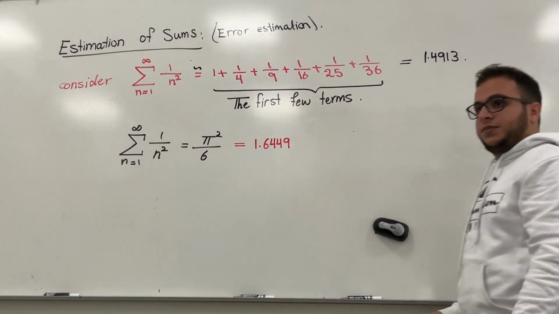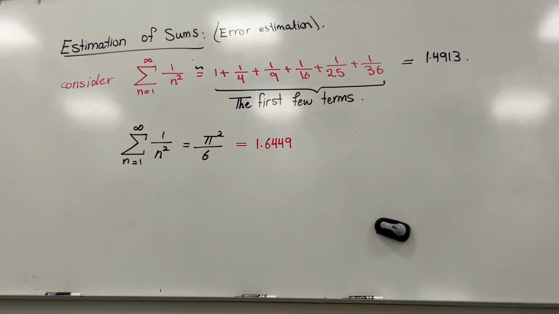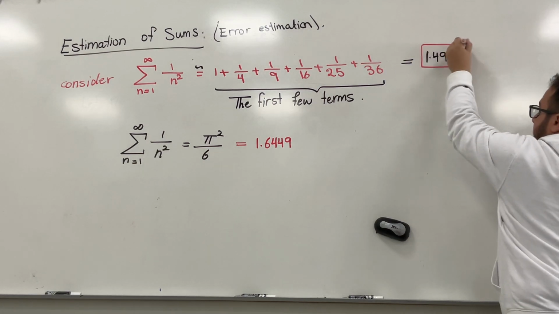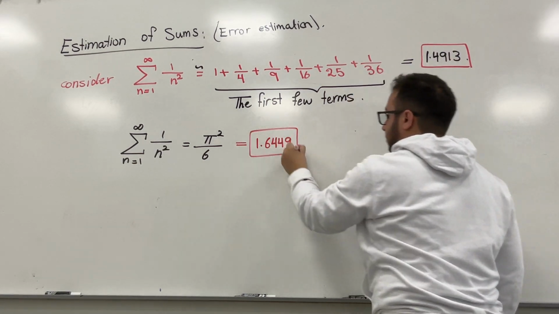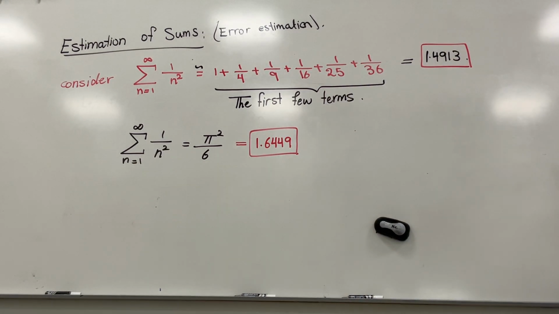This is enough. Okay? So what do you notice about these two numbers? There's a difference between them. This difference value is the error value. Okay? As simple as that.